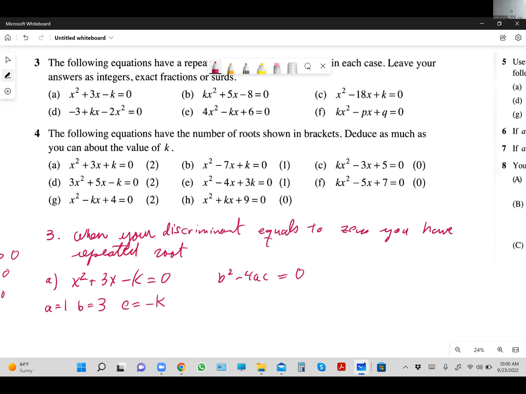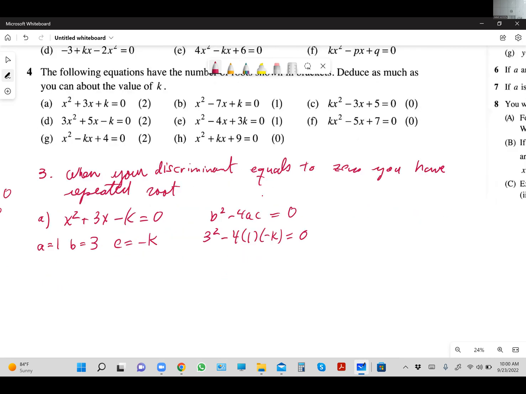So you have 3 squared minus 4 times 1 times negative k equals 0. All right, so now you solve this: 9 plus 4k, when you finish doing all those negatives times negatives, right? And you get 4k must equal negative 9. So k must equal negative 9/4.